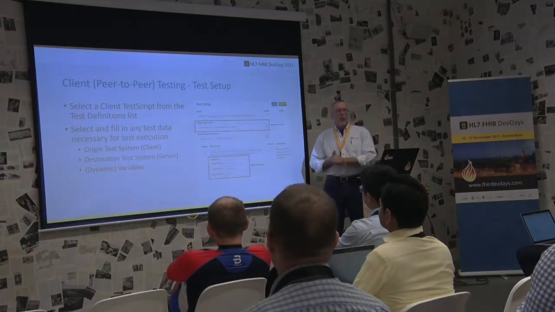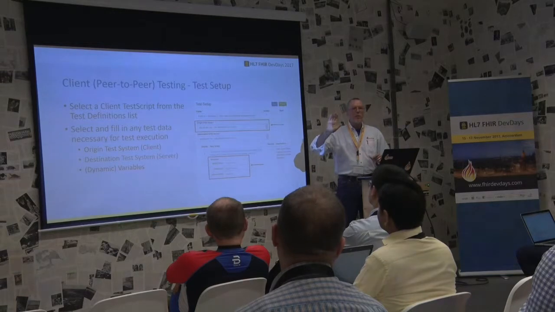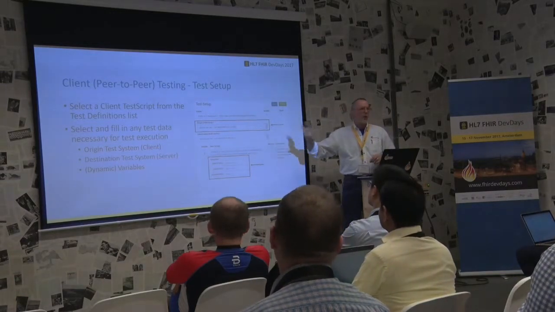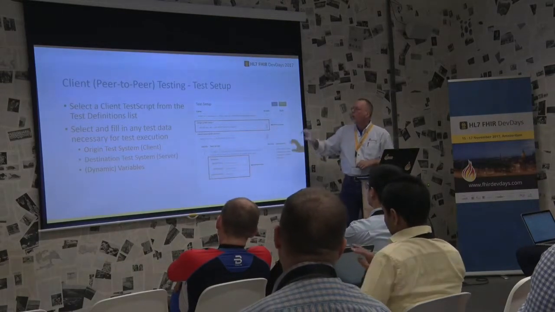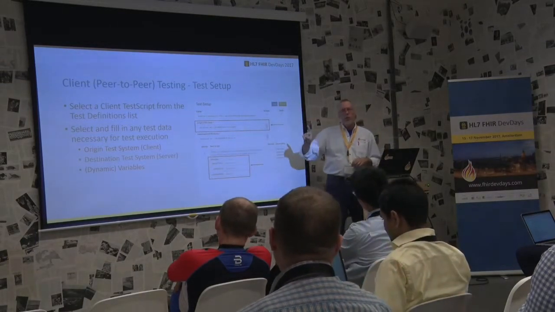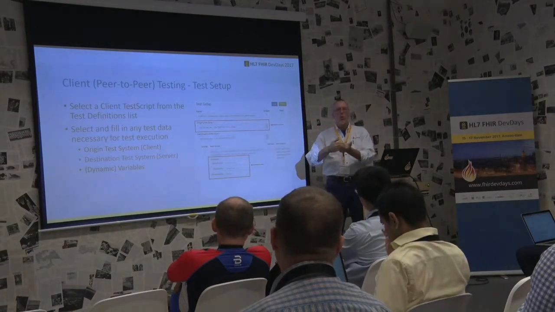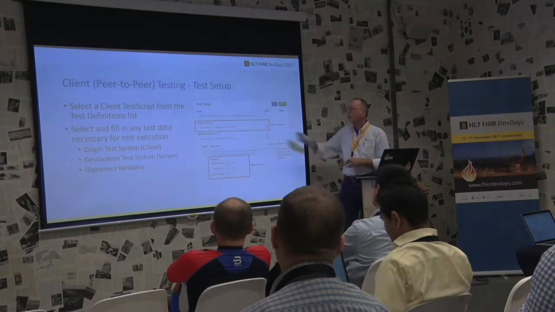So to kind of illustrate how you would do this, how many people have seen Touchstone, have been in it? A couple? Three? Okay, so a few of you. So I'm going to show you some screens from the test setup and running it in a test execution. So when you do a test setup where the test script that you're going to execute needs to know the external FHIR client and an external server, that type of thing, it's going to prompt you.